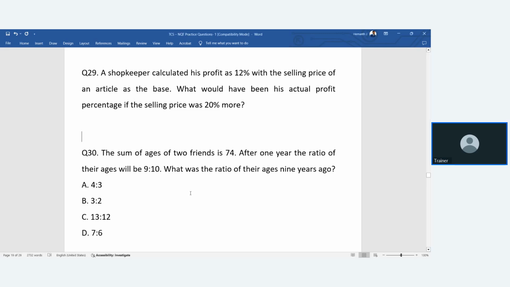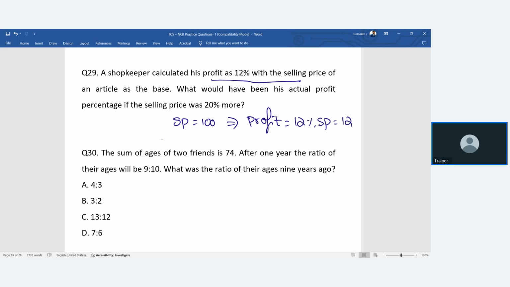So first one, selling price as the base, right? Initially, let us assume the selling price is 100. Then profit, as per this question, is 12% of selling price, which is 12 rupees.